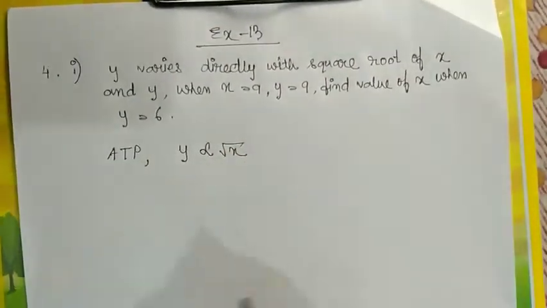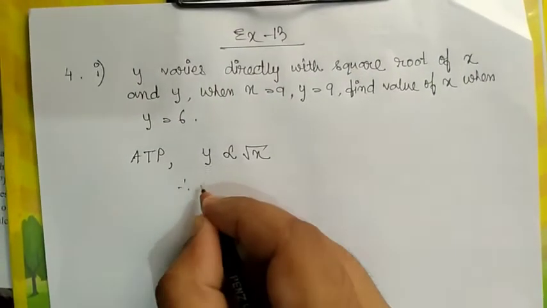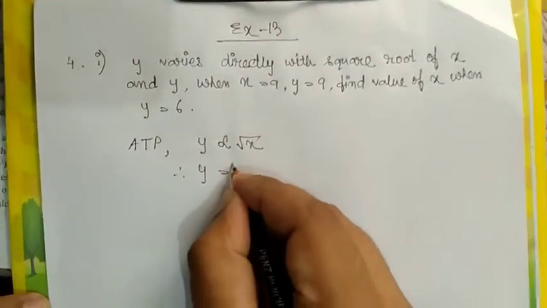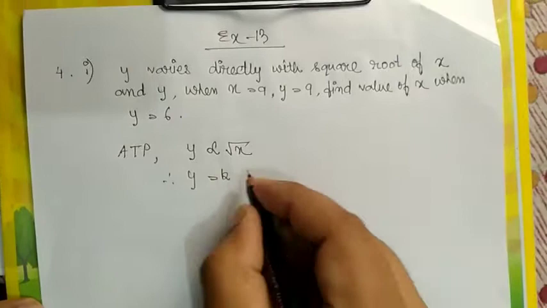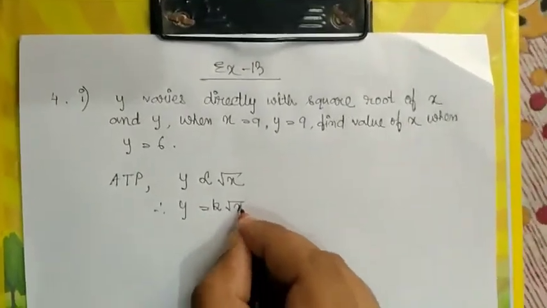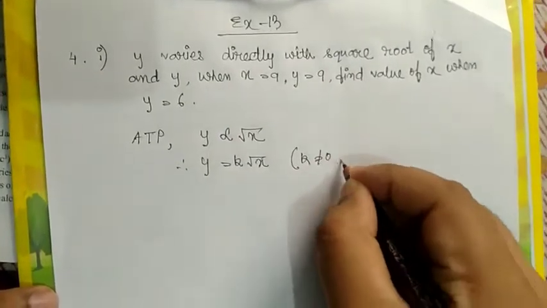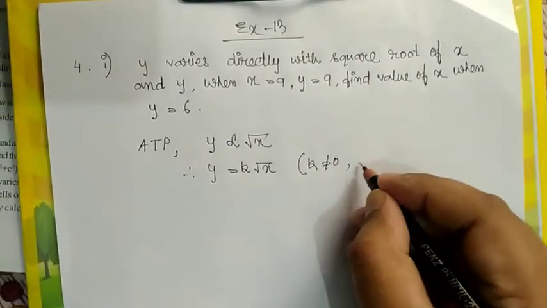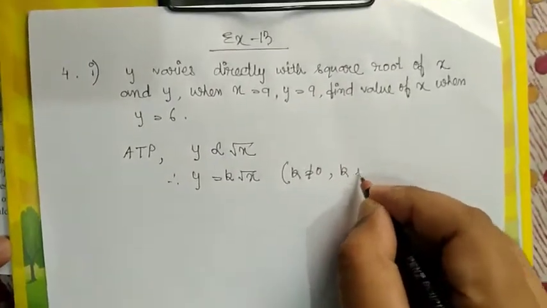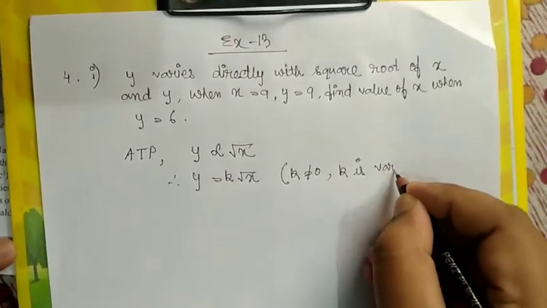So therefore y equal to k root x, where k not equal to 0 and k is variation constant.